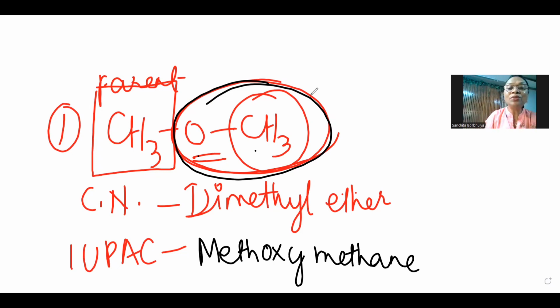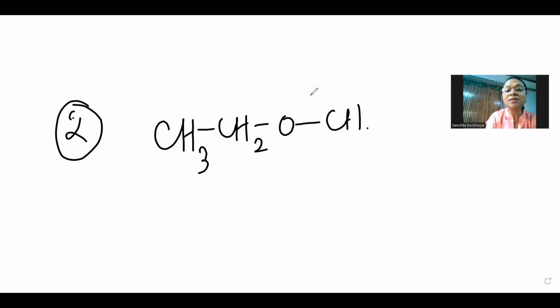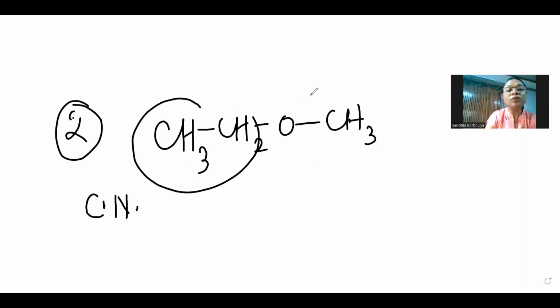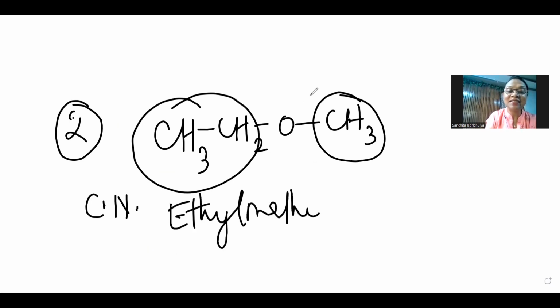So going to an unsymmetrical ether, let me take this. So first the common name. The common name of this compound: I have an ethyl group, I have a methyl group. So the common name also takes into consideration the alphabetical order, and this is called ethyl methyl ether. This is the common name.